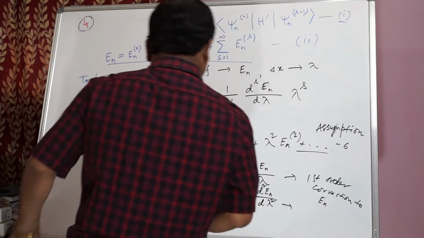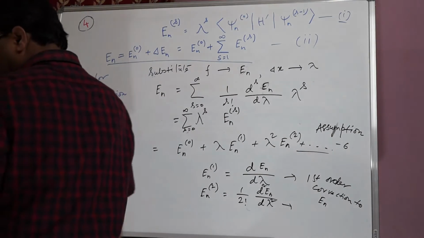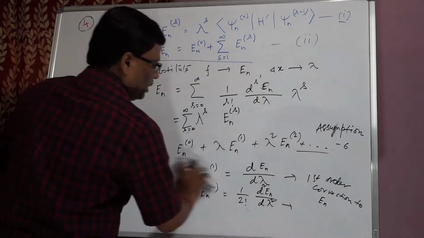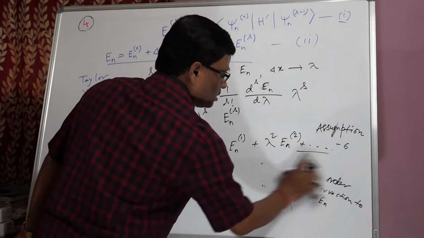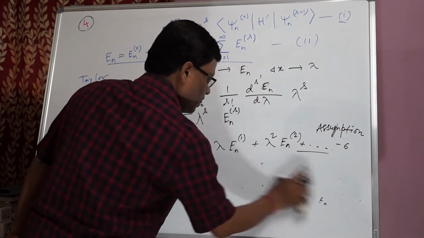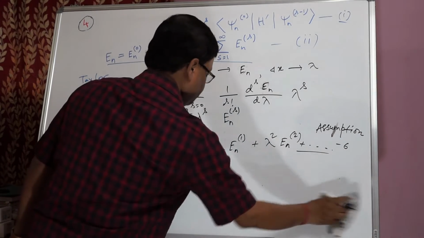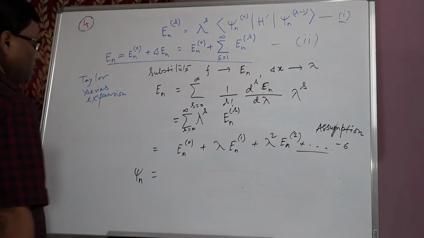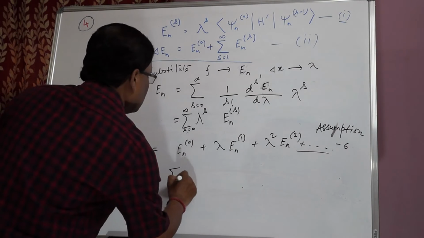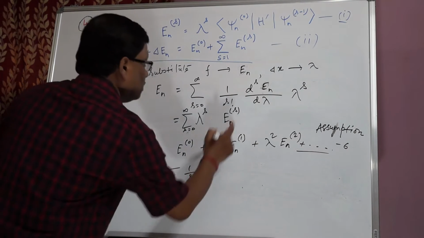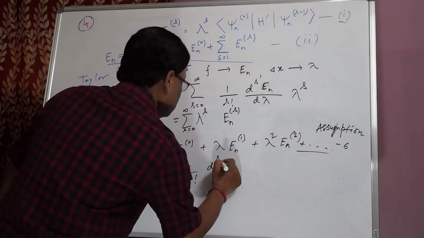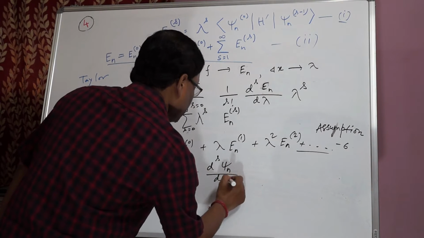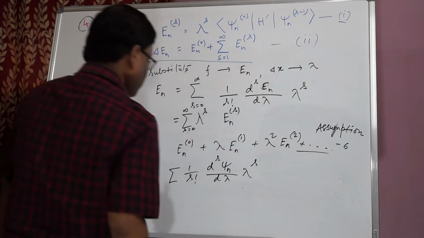Similarly, we can get the expressions for psi n. So psi n, similarly you can write as 1 by s factorial, the s order differential of psi n with respect to lambda, and then lambda to the power s.